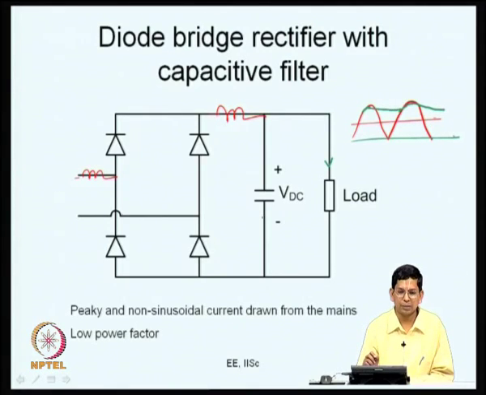If you have an acceptable ripple delta V, that gives you the capacitance that you want. Basically, what I am trying to say is C times delta V is I into delta T. Delta T is the interval between two successive charging intervals of the capacitor.